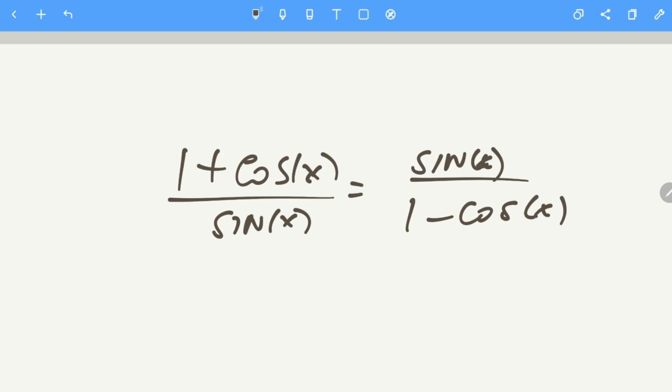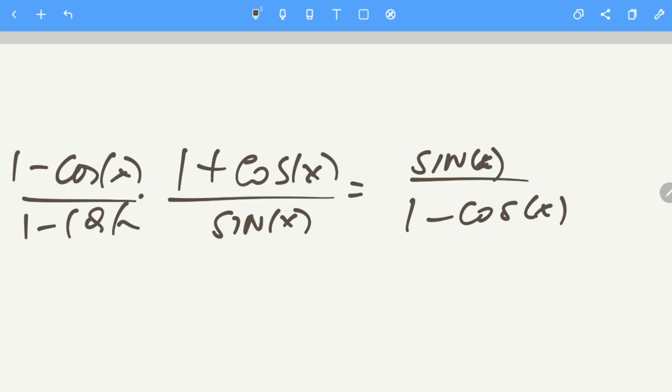And in both cases, we must apply the trick, which is multiplying by the conjugate of the numerator or the denominator. For example, if we start from the left, we must multiply by the conjugate of 1 plus cosine, which is 1 minus cosine divided by 1 minus cosine.